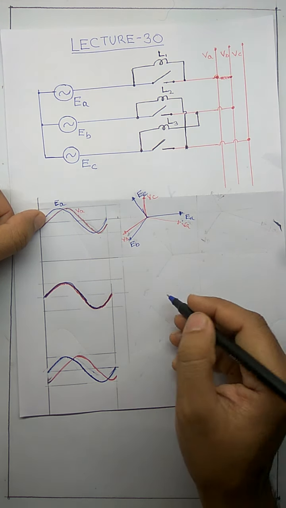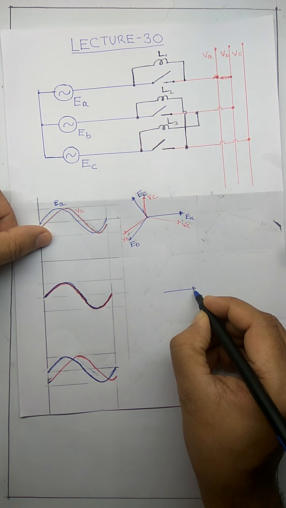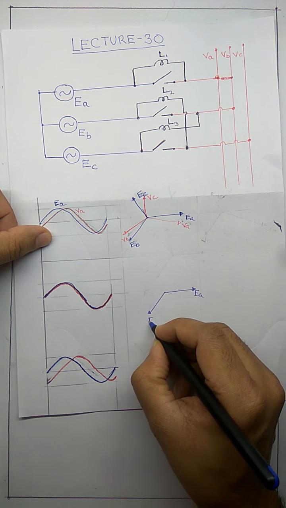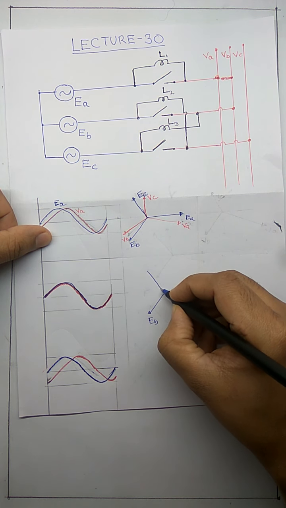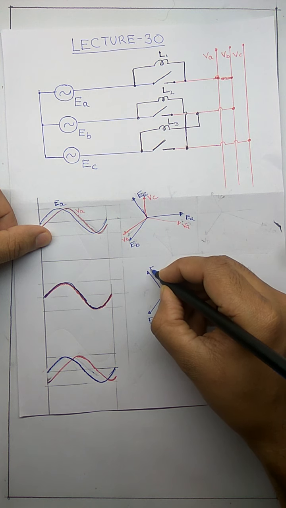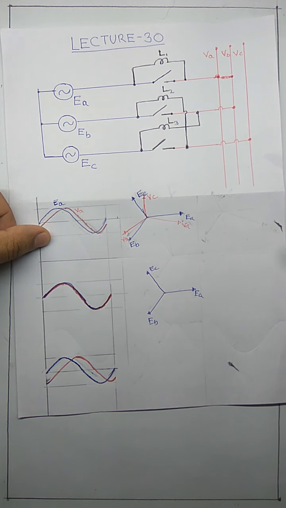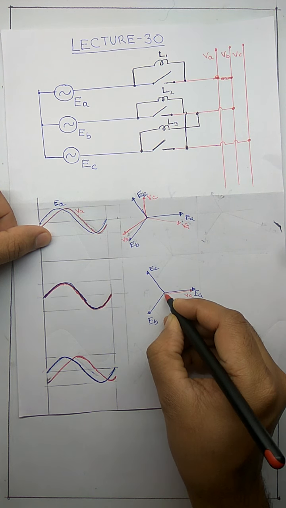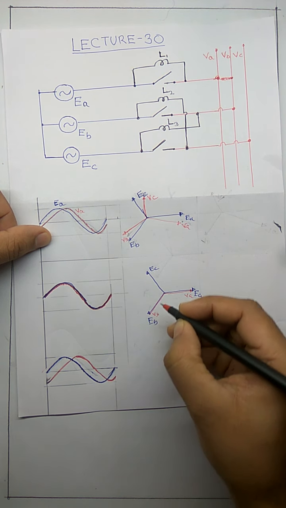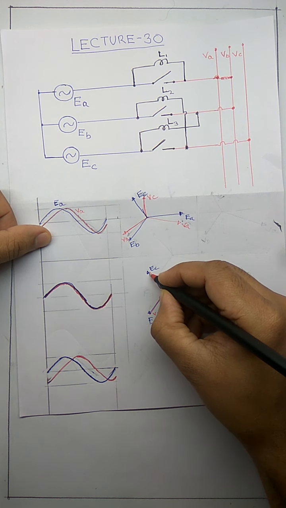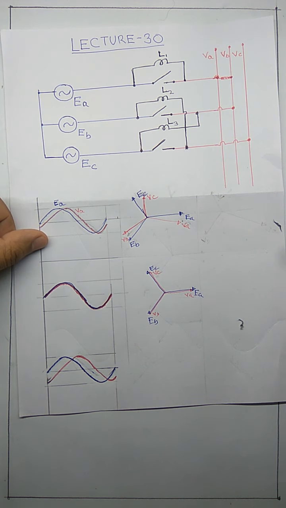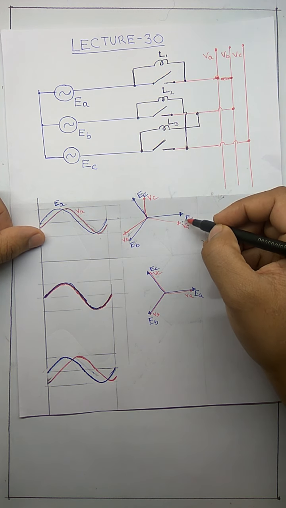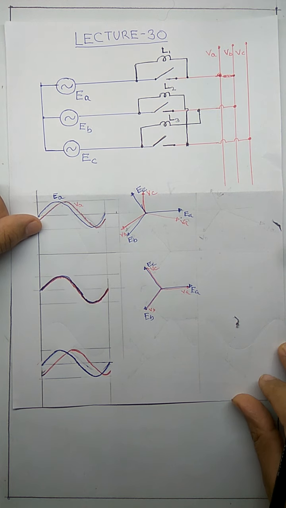In this condition the phasor diagram will be, this will be my EA, this will be my EB, this will be my EC. This is for the incoming generator, and the grid voltage will again be in the same phase. So this is VA, this will be VB, this will be VC. So you can see that at this instant of time the phasor diagram is like this, at this instant the phasor diagram is like this.